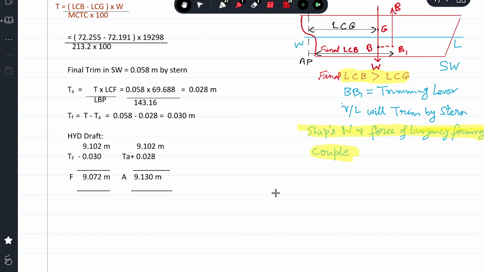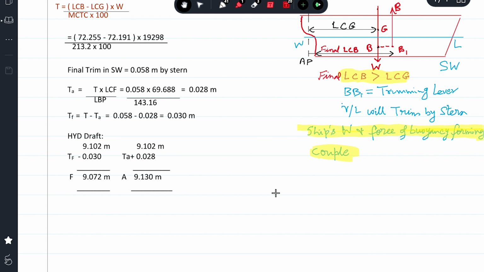TF will be total trim minus TA. 0.058 minus 0.028 is 0.030. So TA and TF is now applied to the hydrostatic draft at which the ship is floating in salt water, 9.102.